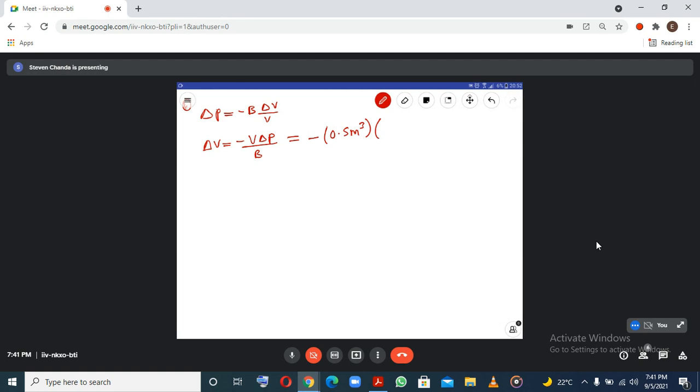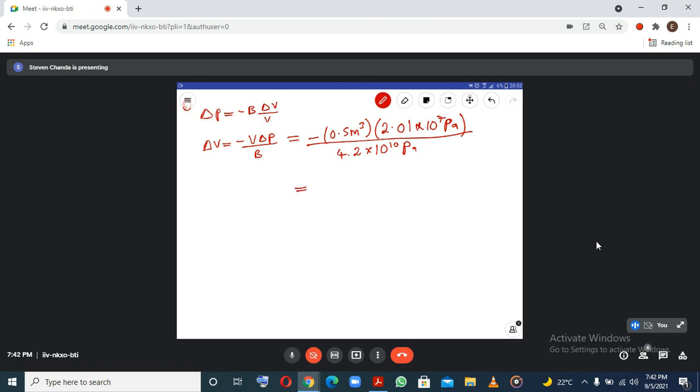Then the change in pressure is what we calculated using the weight of the column of water, power 10 pascals, from what we calculated, all over the bulk modulus they gave us for lead, which was 4.2 times 10 to the power 10 pascals.